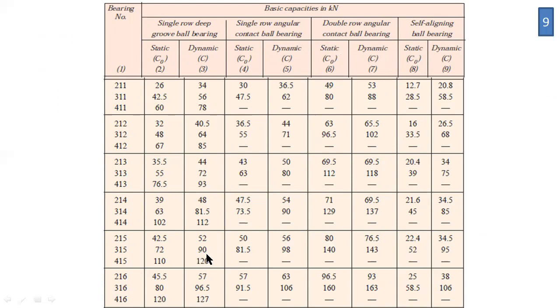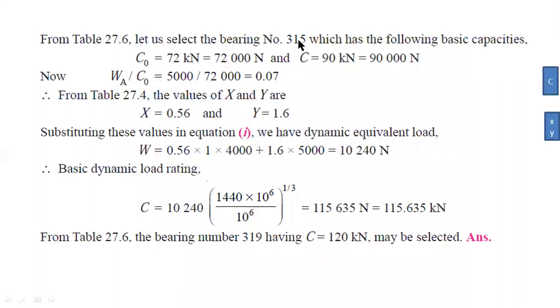That's why I consider capital C equal to 90 kilonewtons, and the corresponding C naught, the static load rating, equals 72, and the bearing number is 315. So for bearing number 315, C naught equals 72 kilonewtons and C equals 90 kilonewtons.